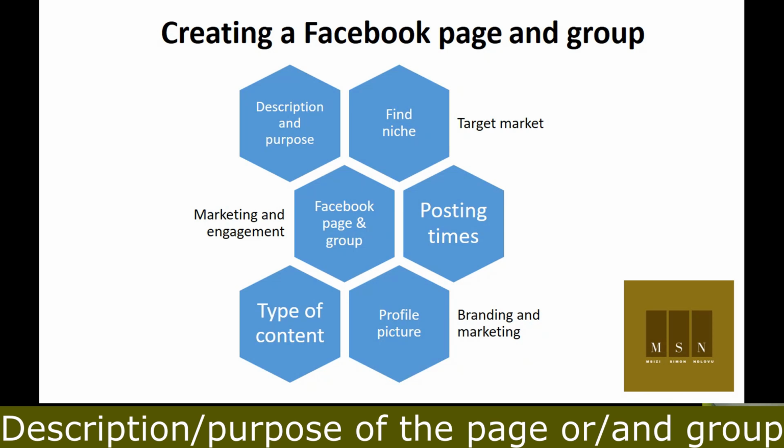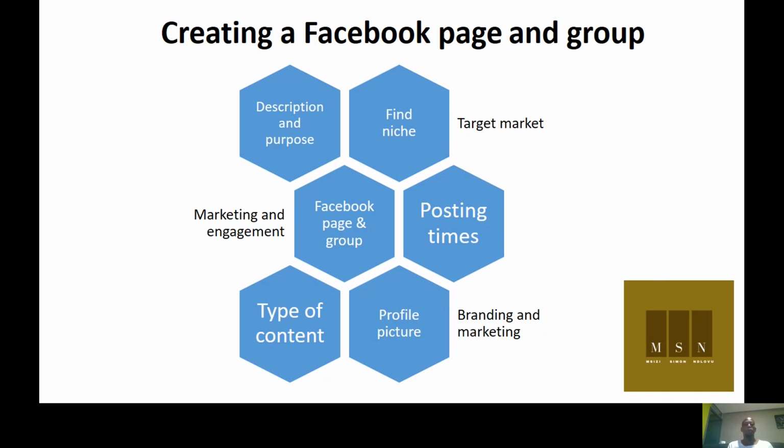For instance, if I'm in the e-commerce space, my description would go like, this page is created for people who are interested in e-commerce stores, who want to start their e-commerce stores. You will find everything and anything that has to do with creating your own store and how to attract people within your domain. That's it. That would be your description of some sort.